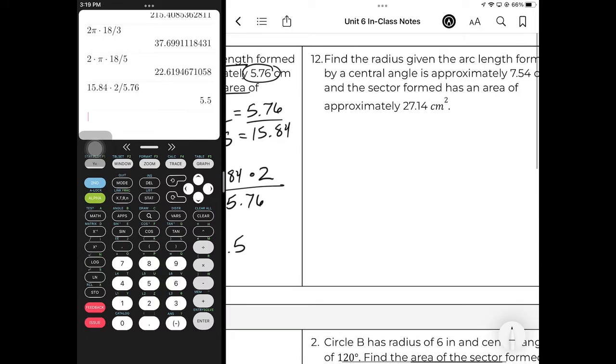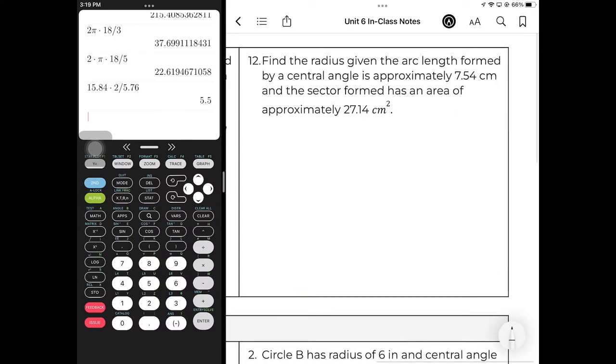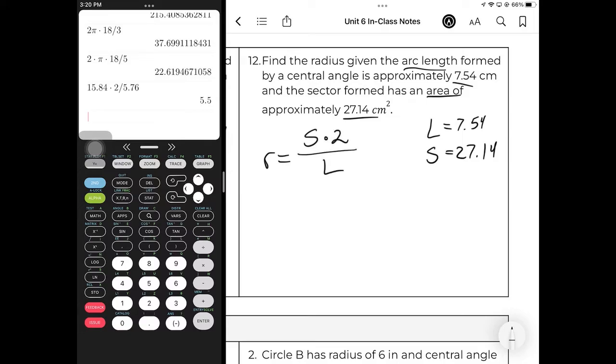Okay? Same idea on 12. I've given you an arc length of 7.54 and a sector area of 27.14. So again, I'm using the radius formula that radius equals sector area times 2 over arc length.